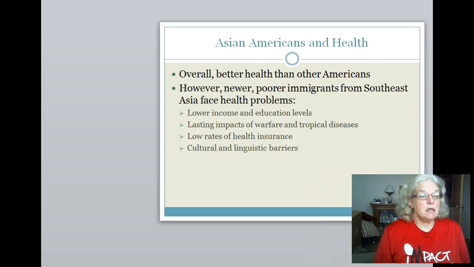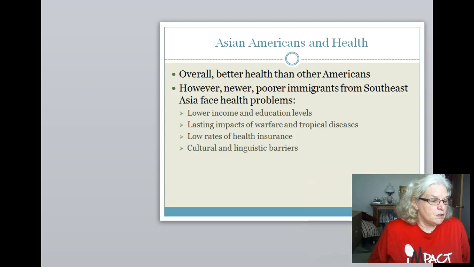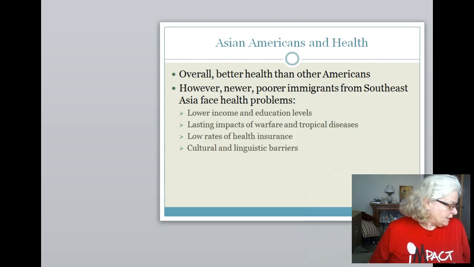And so what we see is that the newest immigrants face more health problems than the typical Asian American. And so you have to divide it out to understand this ethnic difference that comes into place, and where it gets into place of looking at who gets health care and who's supported in the process and what their beliefs are. So there are significant issues to look at within ethnicity and culture, right? As we start to explore these examples used within the text.